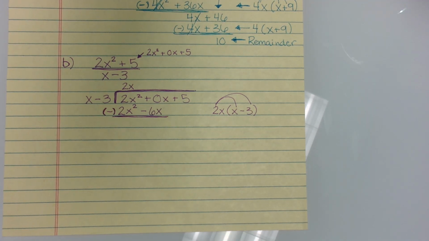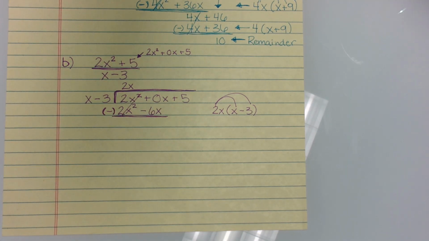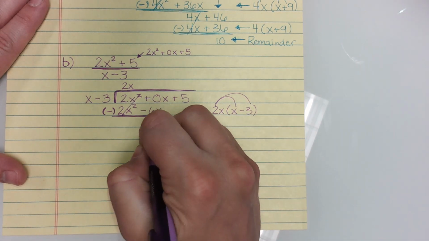After that, we subtract. 2x squared minus 2x squared will nicely cancel out. 0 minus a negative 6x. Please be careful of that. What is 0 minus negative 6? Positive 6.